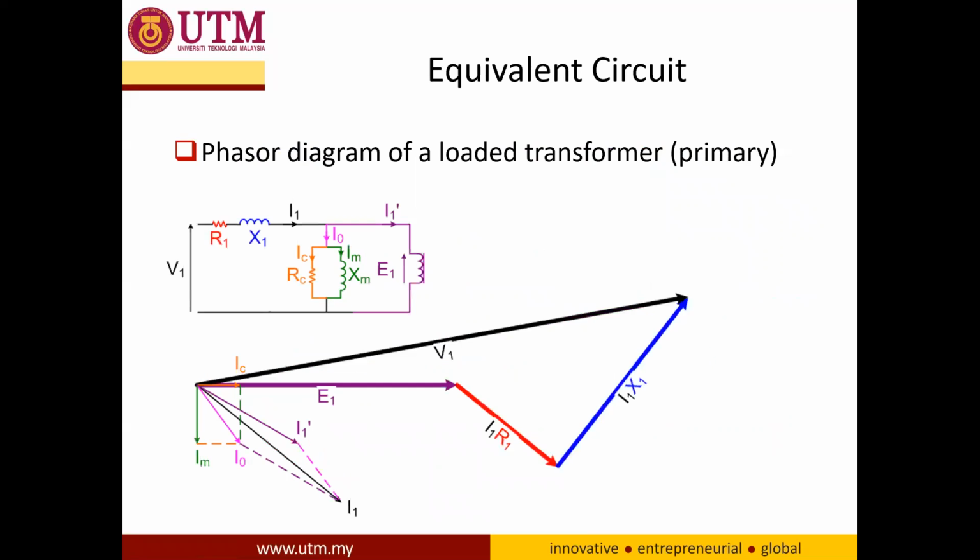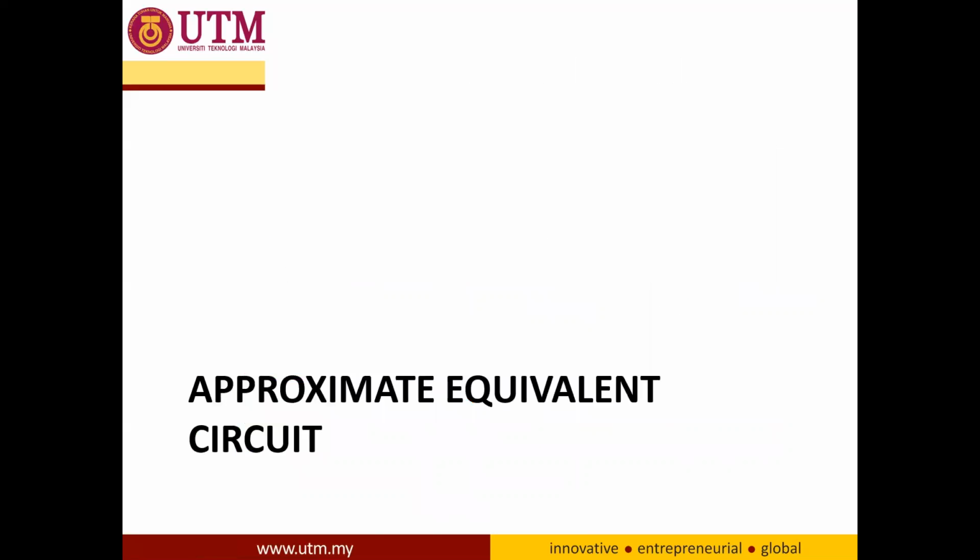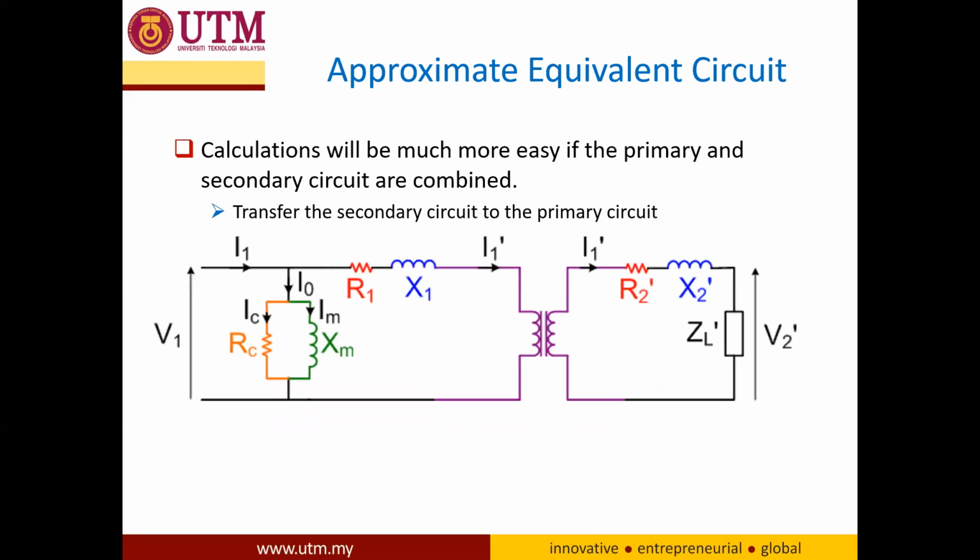This is a phasor diagram and the approximate equivalent circuit. Why do we need to approximate? To make our calculation easier without sacrificing the accuracy of the model.